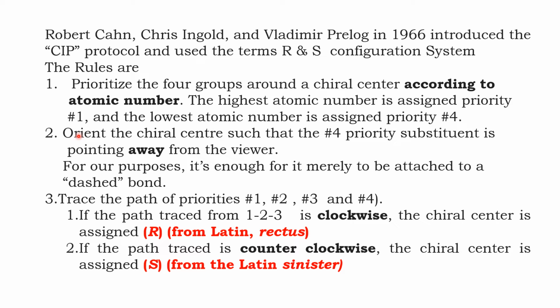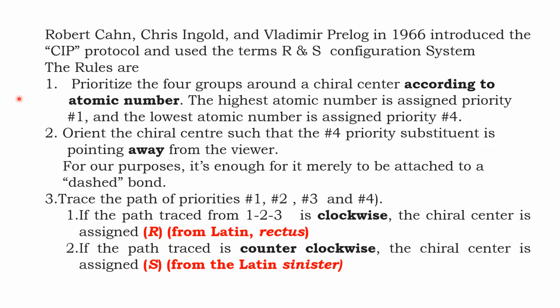For example, if an asymmetric carbon atom has chlorine, bromine, iodine and fluorine, we know fluorine has the minimum atomic number, then chlorine, then bromine and finally iodine.